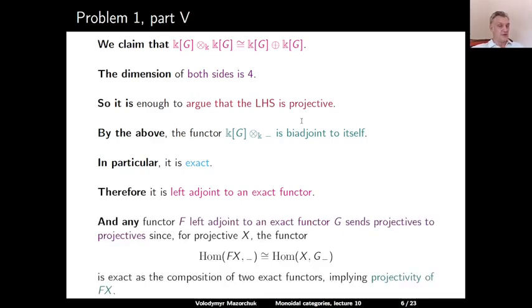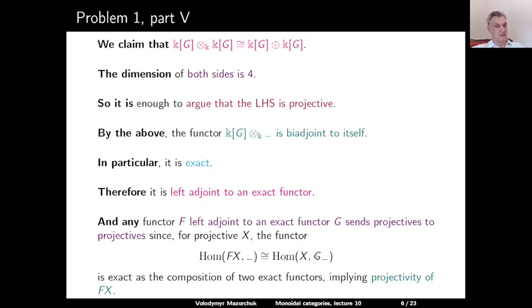And any functor which is left adjoint to an exact functor sends projectives to projectives. So if we have a functor F which is left adjoint to an exact functor G, then F sends projective objects to projective objects. Indeed, if X is a projective object, then Hom from F(X) somewhere, because of the adjunction, is isomorphic to Hom from X into G of this something.